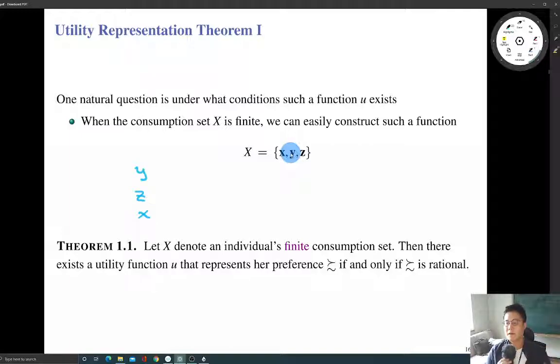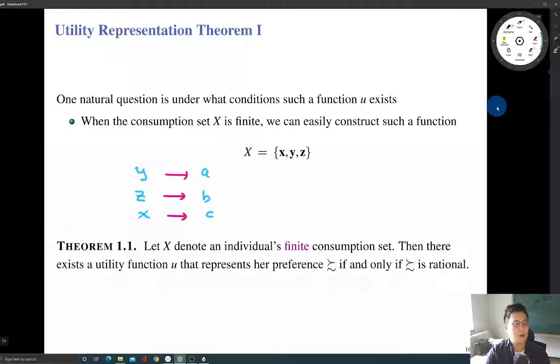Then in order to find the utility function representing his preference, we can simply find 3 numbers, say A, B, C. A is the highest, B is the second highest, C is the lowest. And then we can just assign these numbers to each bundle like this.